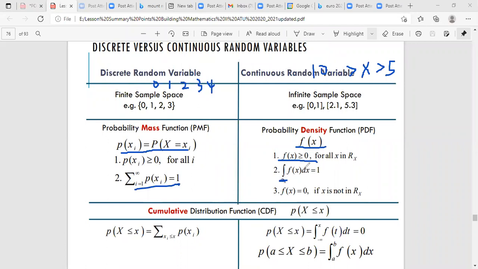But because it's integration, we integrate with respect to a variable, so f of x dx is equal to what? 1. Okay, good. Then we also said that if the probability of X is equal to 0, it means that X is not part of the domain of X.